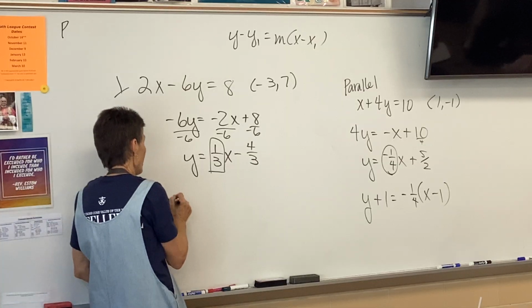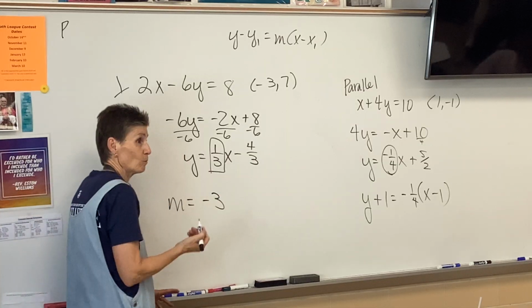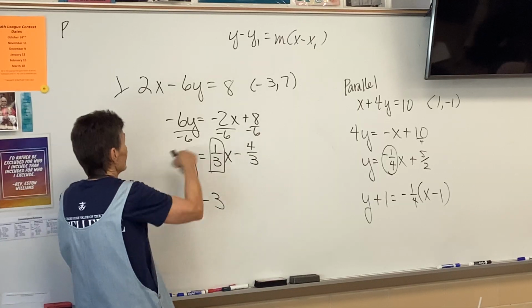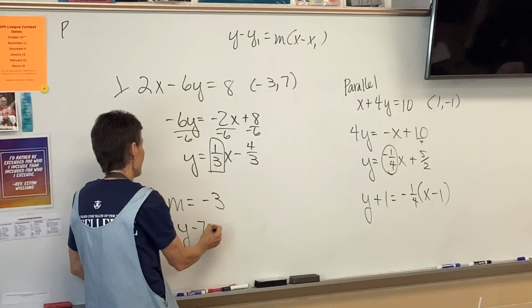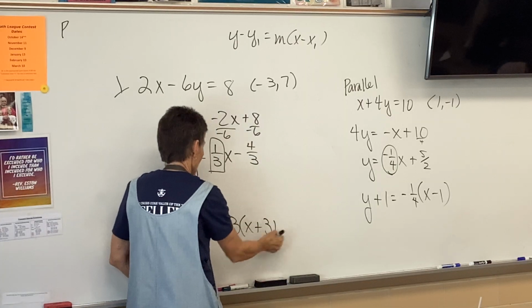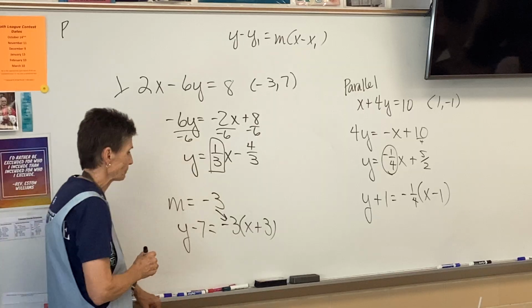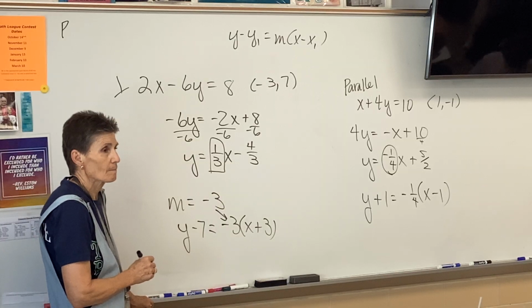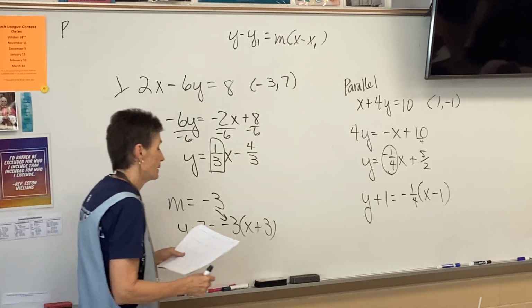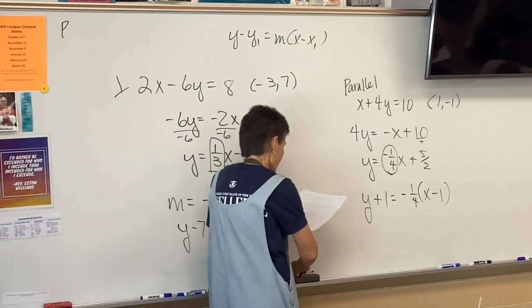So my slope is going to be -3/1. Y minus 7 equals -3, x plus 3. This is my slope. Now, this is so easy.